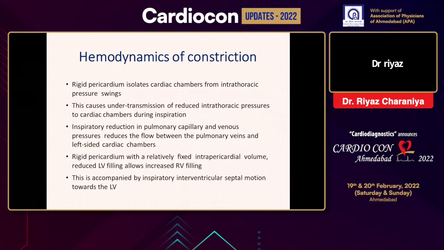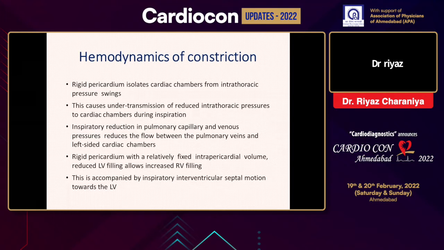Now they are unable to transmit. So this causes an under-transmission of reduced intrathoracic pressures to the cardiac chambers during inspiration. Now, inspiratory reduction in the pulmonary capillary and venous pressure reduces the flow between the pulmonary veins and the left-sided cardiac chambers.